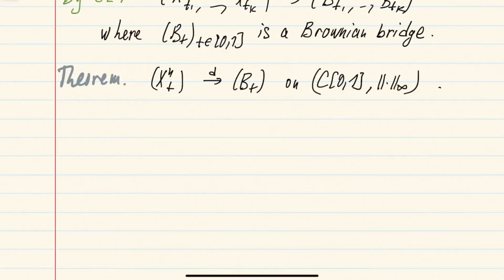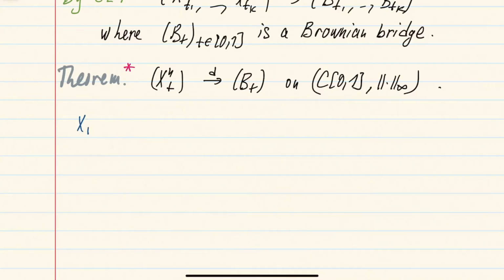Now, of course, you should notice here that something is not quite right. So this theorem is a theorem with an asterisk. Namely, if you look, the processes X_n(t) are not continuous. They don't live on this space of continuous functions. However, if you recall their definition, you will see that these processes have jumps.